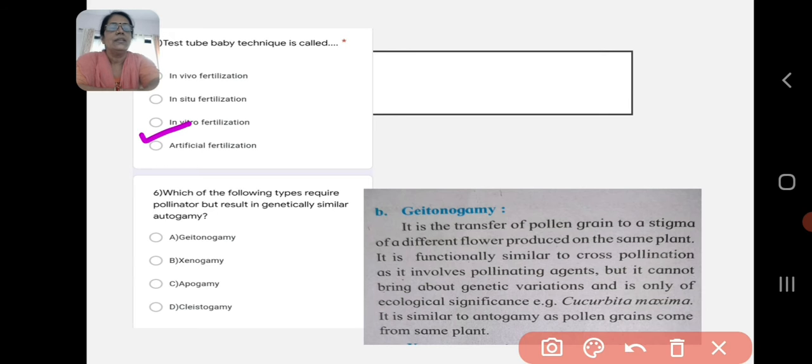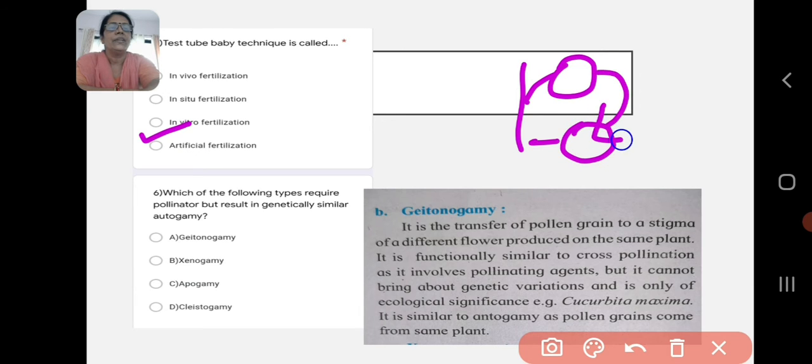Suppose this is the plant and here a flower is present and here another flower is present, and pollination occurs between the two flowers. The stalk is the same, the plant is the same, and when pollination takes place between neighboring flowers on the same plant, it is called Geitonogamy.